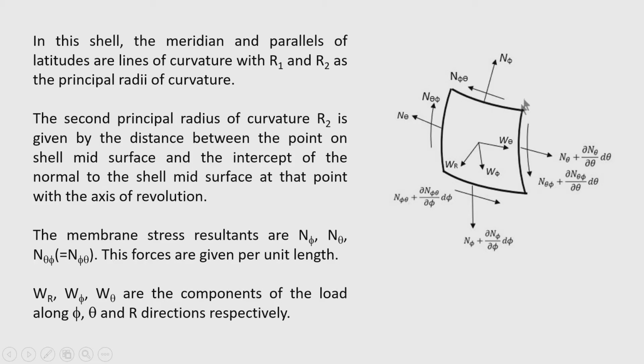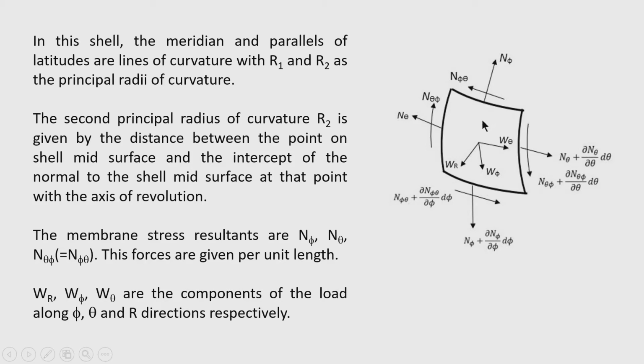the element. On the opposite edges, we consider the increment of this quantity. So, suppose if this is n theta, on the opposite edges the stress will be n theta plus increment. This increment is del n theta by del theta into d theta, taking only the first order term of the Taylor series expansion.